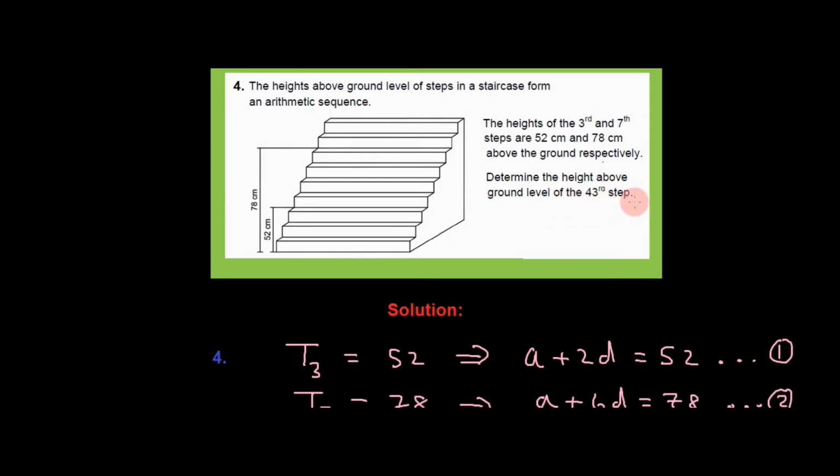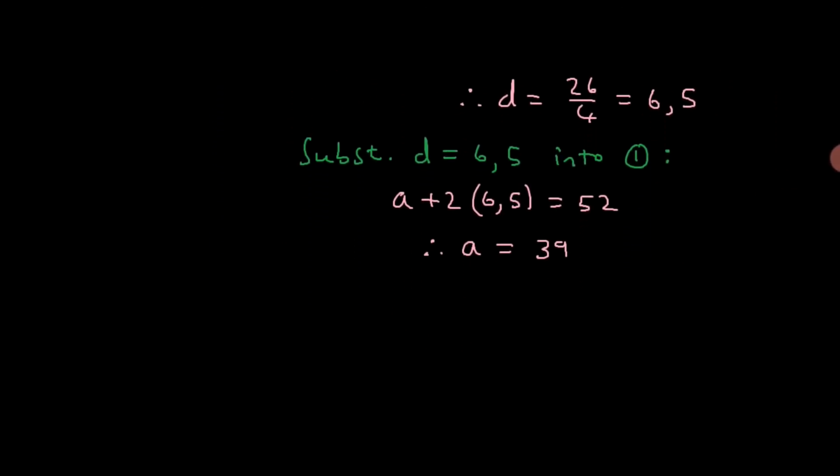And we needed to find the height above ground level of the 43rd step. So we need the value of t sub 43. So using the formula a plus n minus 1 d, a is 39, n here is 43, so n minus 1 is 42, and d is 6,5.